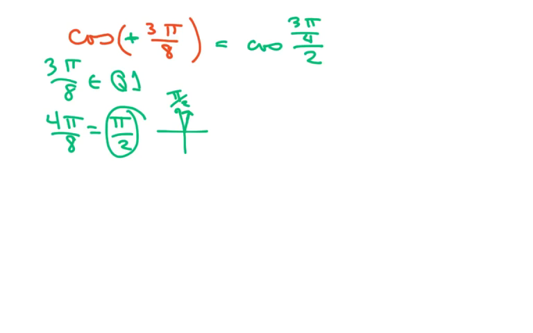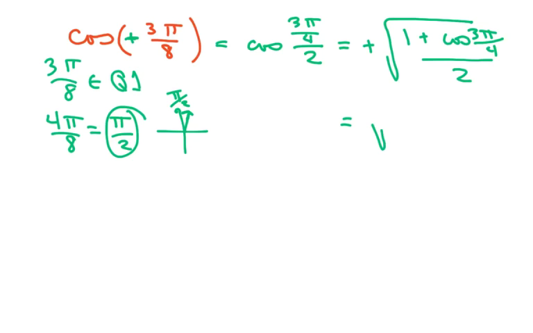Now, just using the formula, we know that it's going to be positive, and then we just do 1 plus cosine of 3 pi over 4 divided by 2. Cosine of 3 pi over 4 is negative square root of 2 over 2.